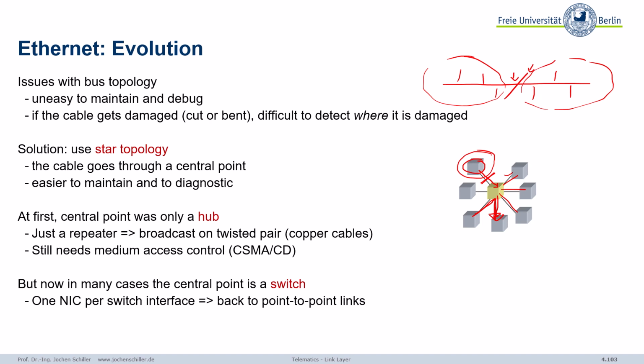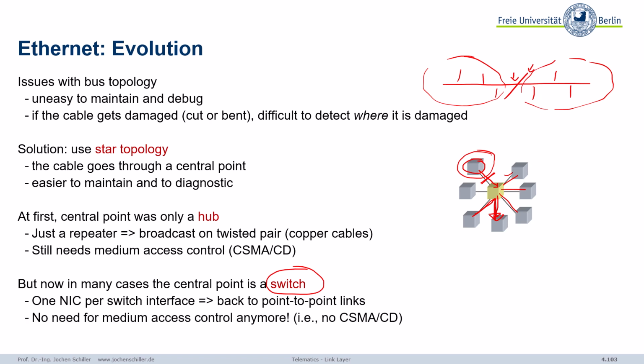So nowadays, you typically use a switch, and we'll learn what a switch does. In a switch, we typically do not need any CSMA/CD anymore. In today's setting, if we have a switch as a central component, we don't need these medium access control algorithms anymore. Why?